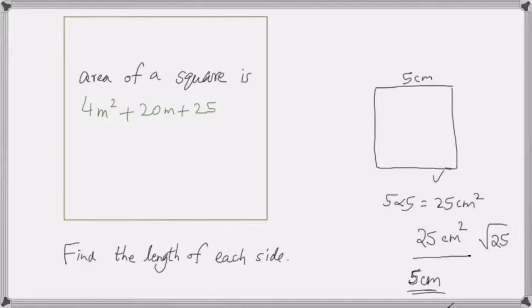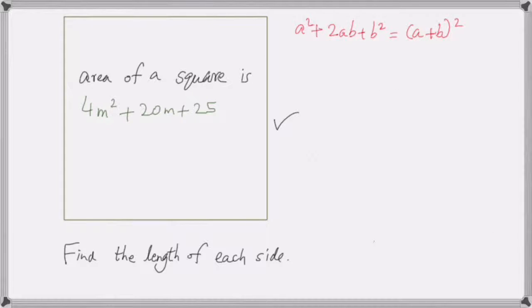Now let's take a look at this problem. If you take a look at our rules, we know that for the trinomial a square plus 2ab plus b square, the factors would be a plus b times a plus b, or a plus b whole square.